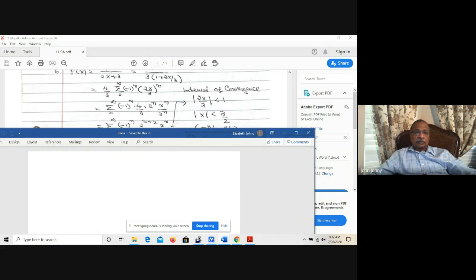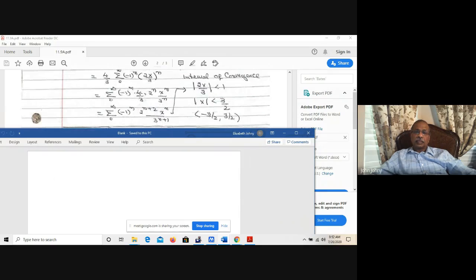So that becomes 4 over 3 times the sum from 0 to infinity of (-1)^n (2x over 3)^n, and that is equal to the sum from 0 to infinity of (-1)^n times 4 over 3 times 2^n divided by 3^n times x^n. And 4 is the same as 2 squared, so in the numerator you have 2^(n+2). In the denominator there is a 3, so it is 3^(n+1), x^n.